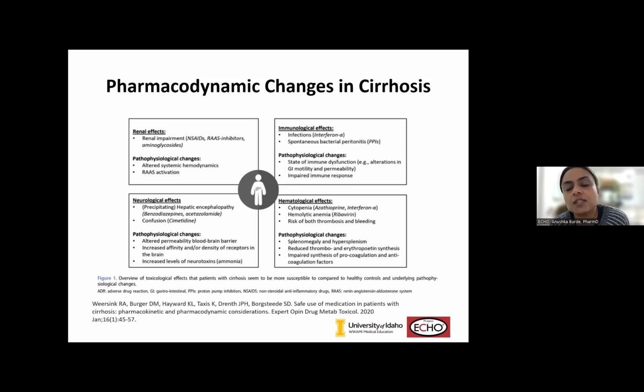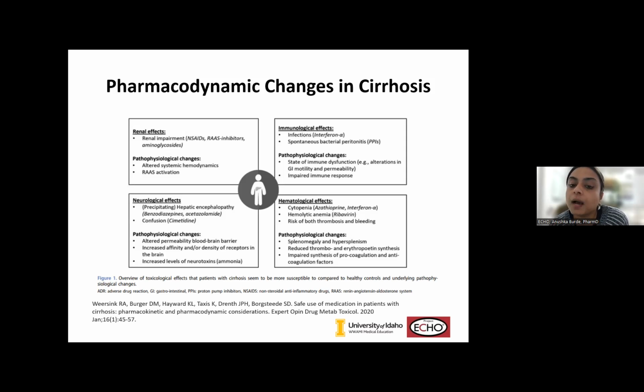These patients are just at really high risk of infections. And even patients who are on long-term proton pump inhibitors, or PPIs, are at risk of infections as well as spontaneous bacterial peritonitis.